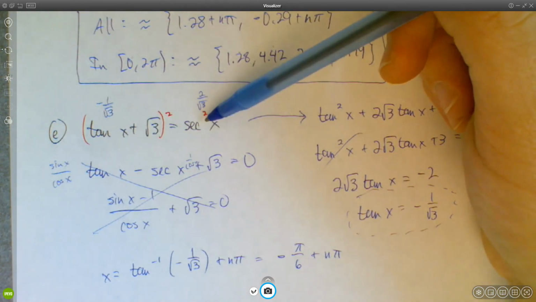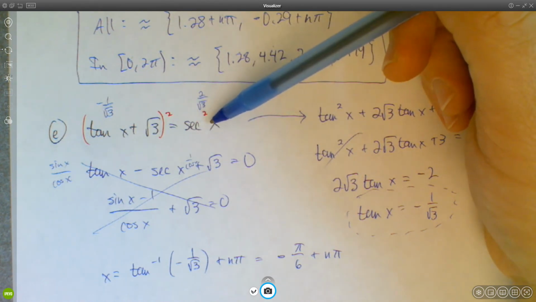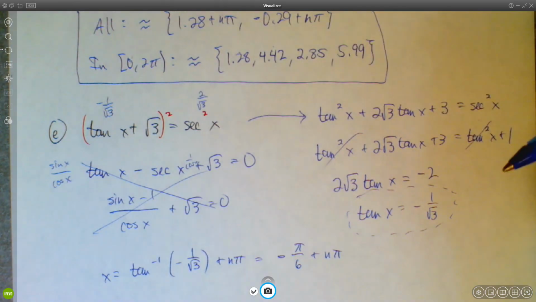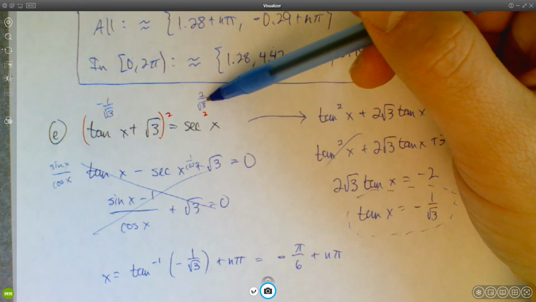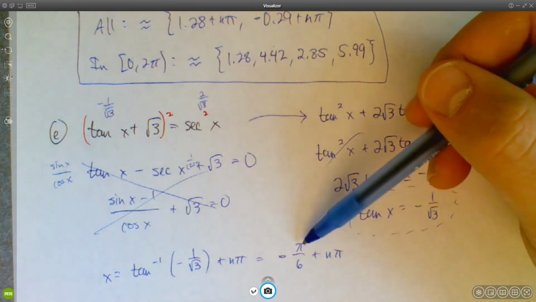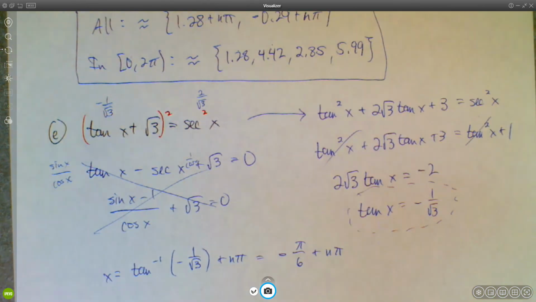But this is interesting, secant of 5 pi over 6 would be negative 2 over root 3. So I think that the other solution here is extraneous, in fact.